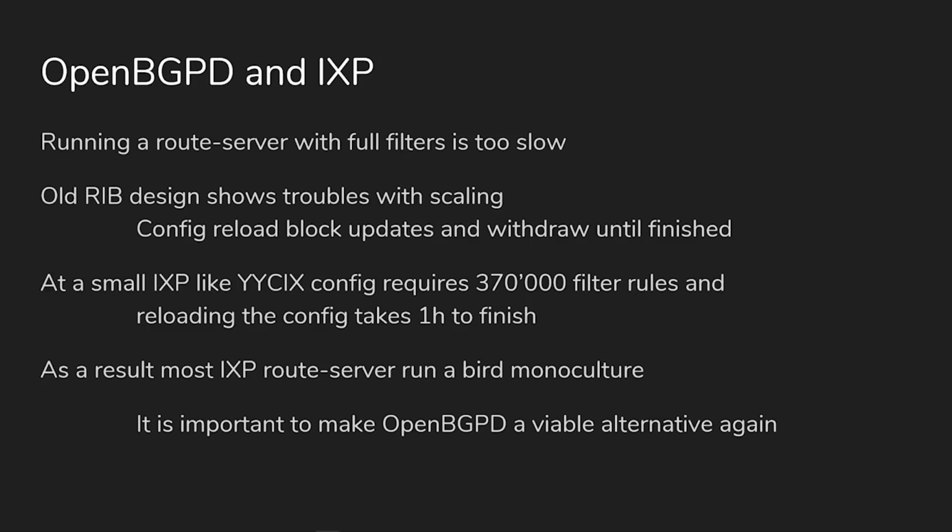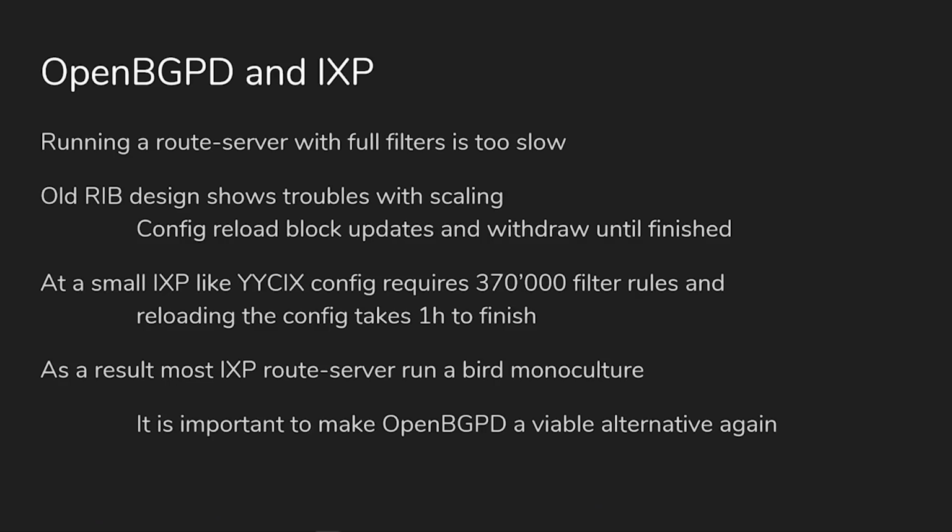One of them, as an example, is that if you reload the configuration, the soft reconfiguration happens as a foreground task. It blocks everything until it's finished, and so if that takes a long time, then you're not getting updates and withdrawals through the system for a reasonably long time.